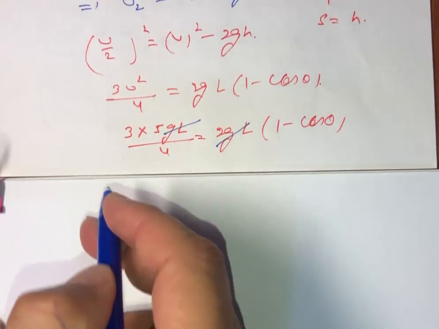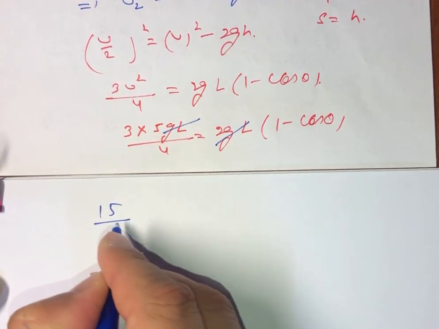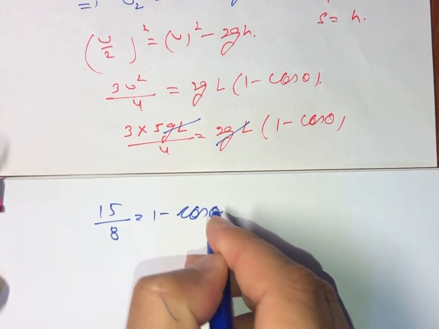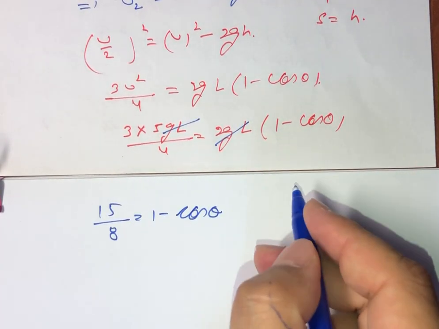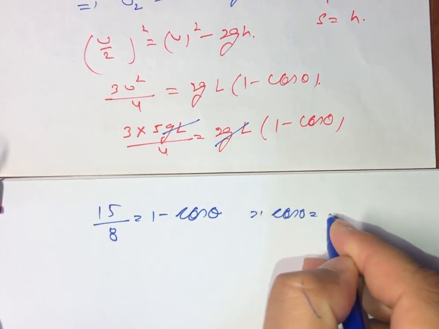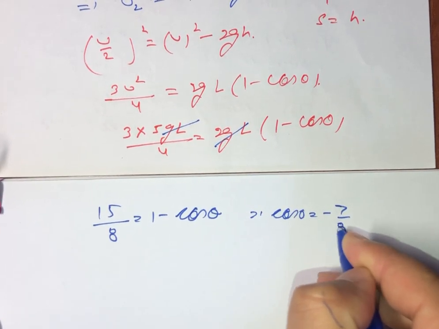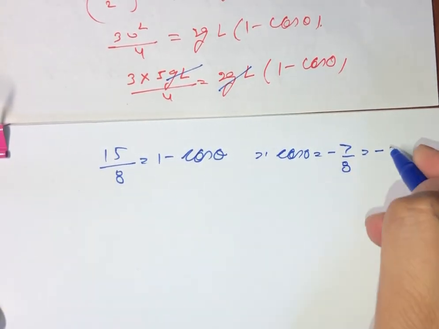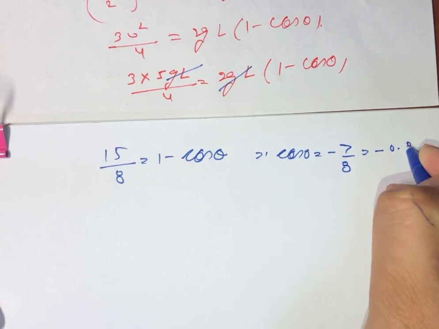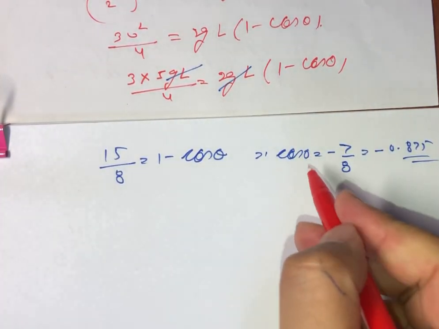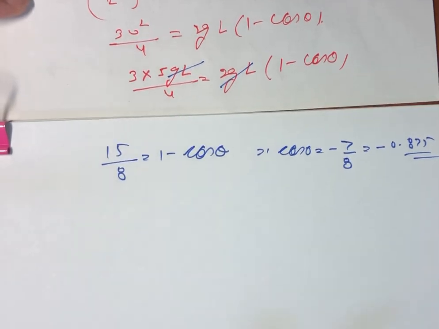We can write 15 by 8 is equal to 1 minus cos theta. Or from here we can say that cos theta is equal to minus 7 by 8, which is approximately minus 0.875.